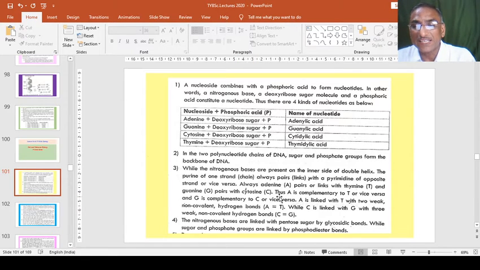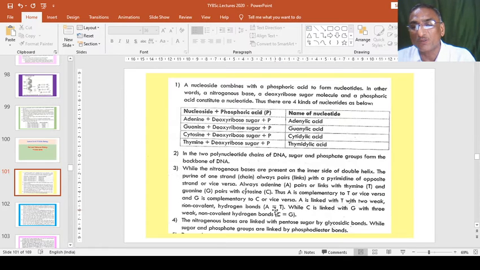Thus A is complementary to T, or vice versa, and G is complementary to C, or vice versa.